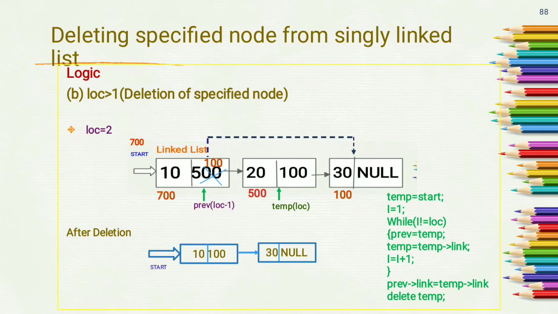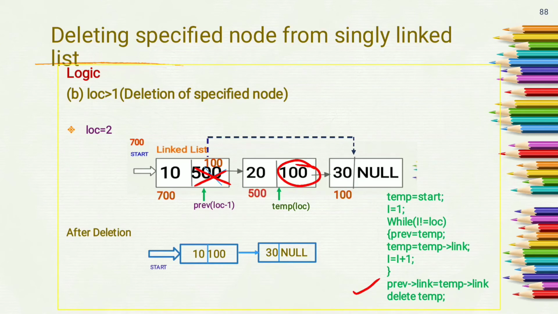Now we have to change the link part of previous to the address of this node, and the address of this node is stored in the link part of temp. So we write previous link equals to temp link. Previous link initially contains 500, it is overwritten by temp link.